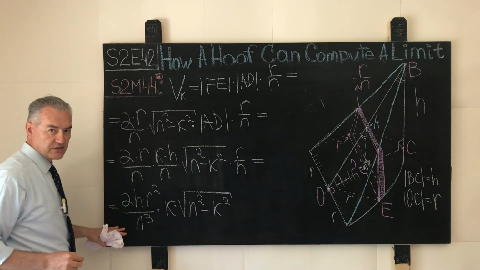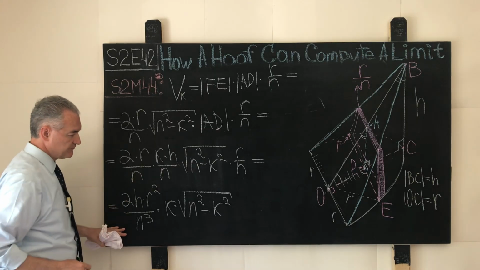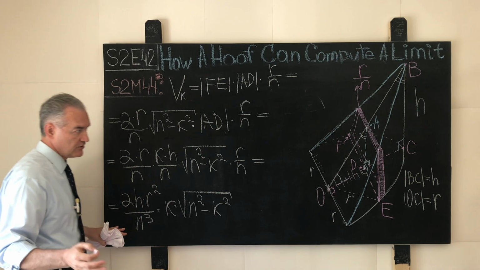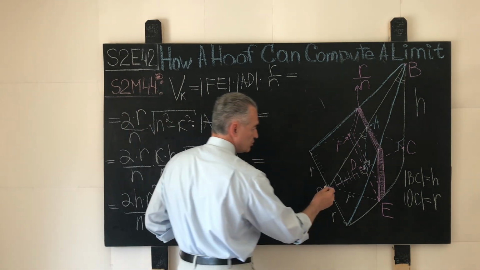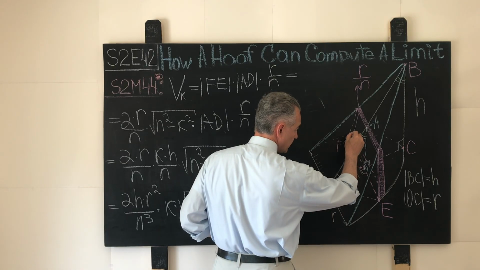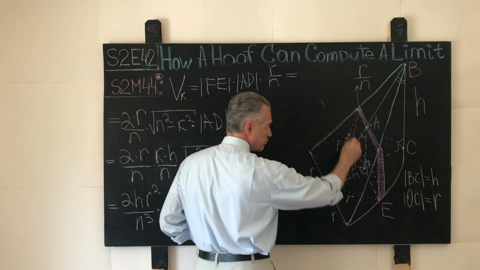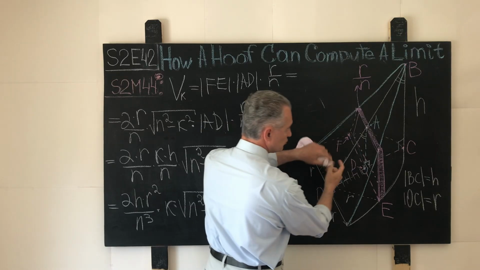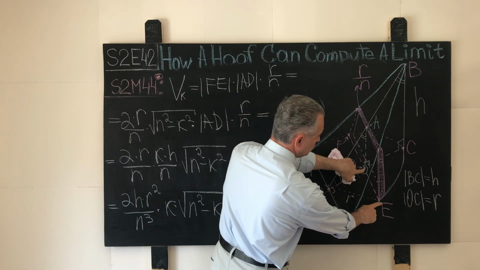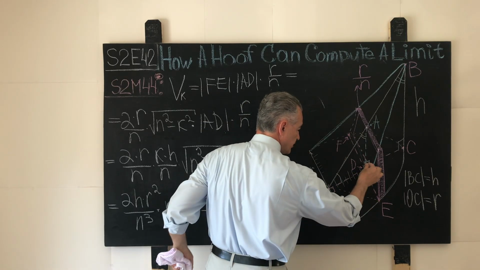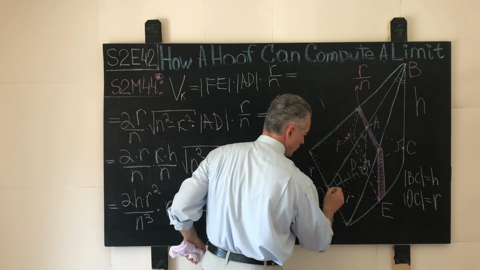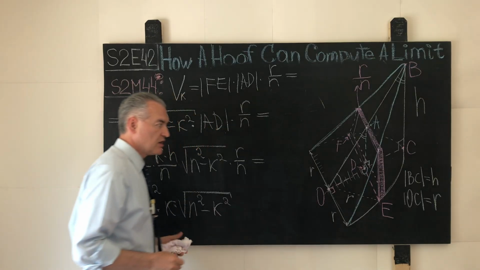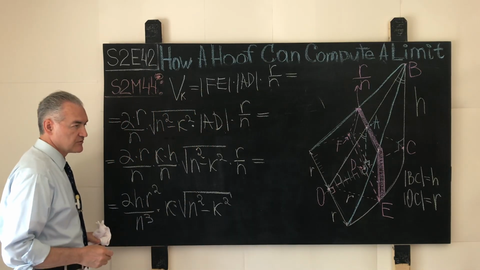Make sure you understand everything that's going on over here, how each transition took place. If you have questions, use the comment section. But basically we use the fact that the line segment FE can be broken down into 2 line segments of equal length, DE and DF. And for each such line segment DE, we use the right triangle ODE or ODF, if you will, to recover the length in terms of the locally available material.